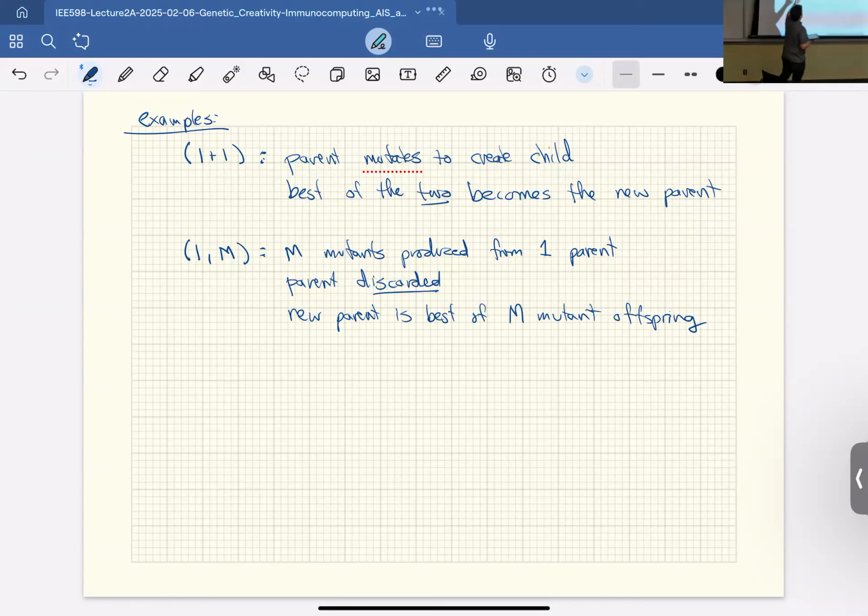So when you see evolution strategies written down, this is a way they often summarize. And the reason they're so big into summarizing with this is that, as we're going to see, evolution strategies have this nice feature that they can be largely parameter free. Even the size of the population is not something that you necessarily have to specify. There are evolution strategies where that can be dynamic too.